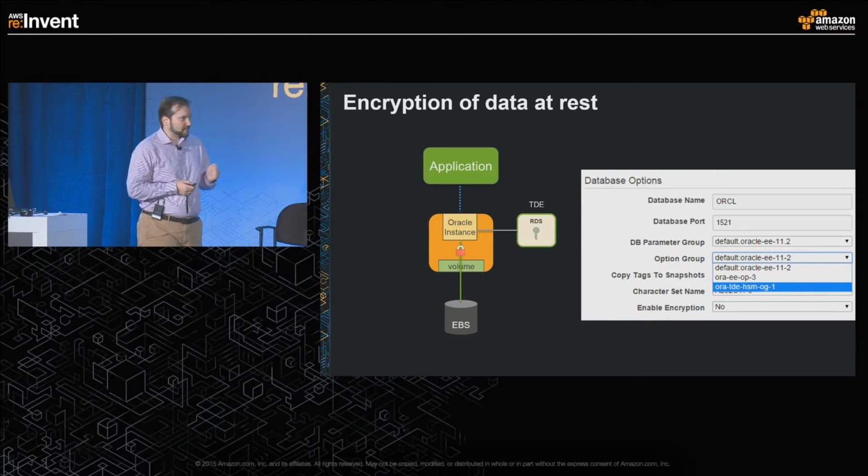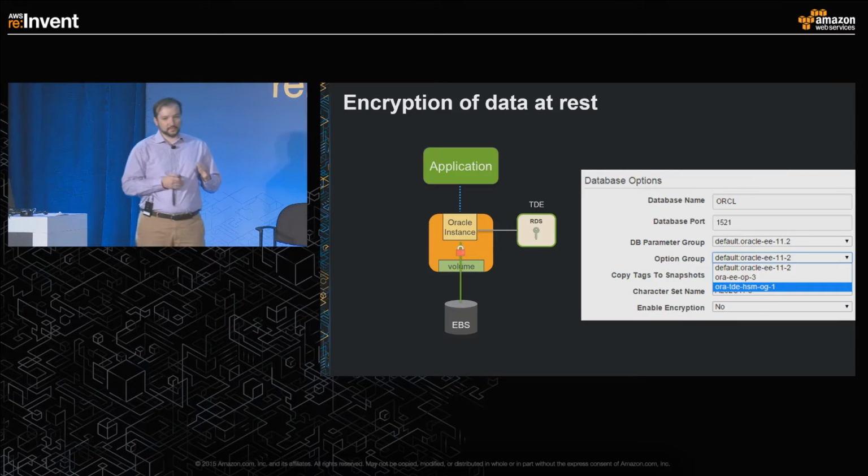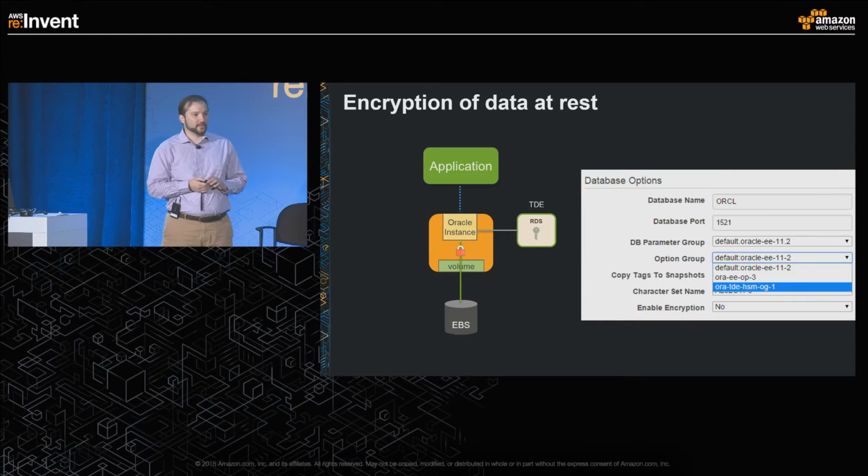How do you set this up? In the database options, you choose the TDE option. Some of you might be aware of the way we enable options in RDS, but for the rest, I'll just quickly remind. We have a concept called options. You can apply an option to a database, and the particular option you should be looking for here is called TDE.